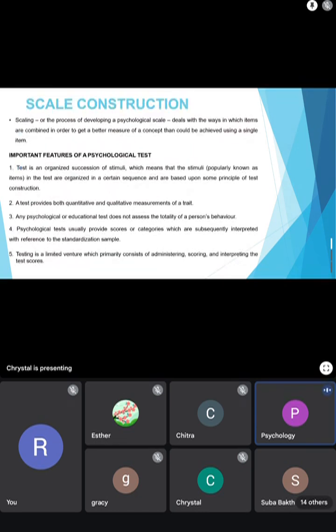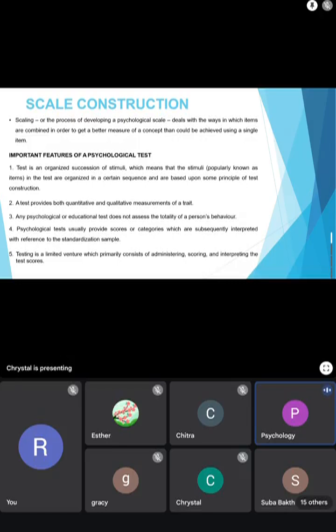A scale may be unidimensional, wherein the correlation of each item is determined as a result of a single dimension only, going from lowest to largest, or bad to good.